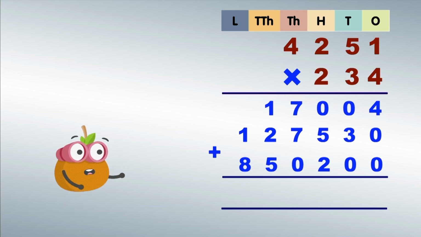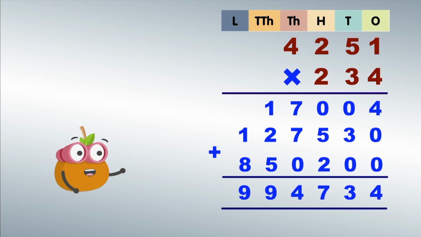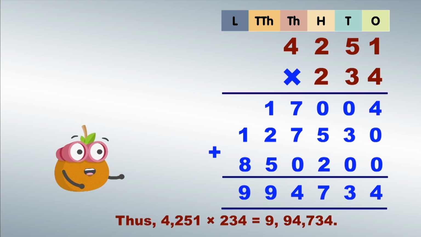Add products of step 1, 2 and 3. 17,004 plus 1,27,530 plus 8,50,200 equals 9,94,734. Thus, 4,251 multiplied by 234 equals 9,94,734.